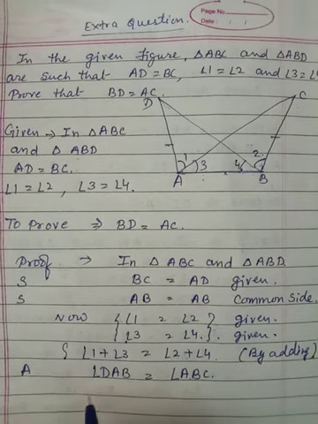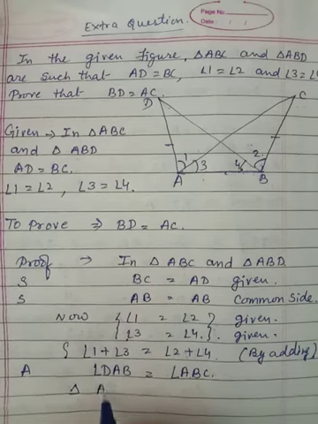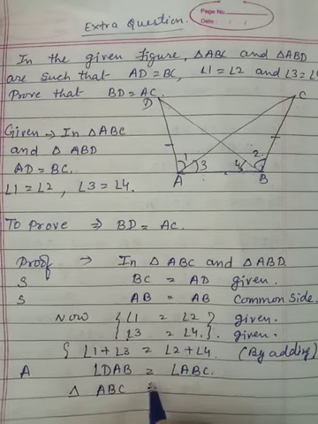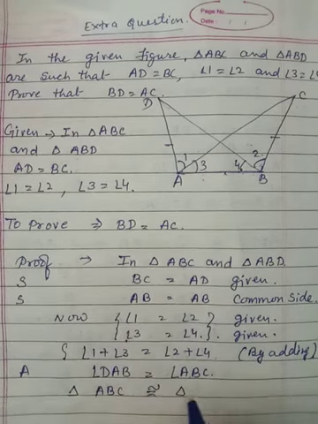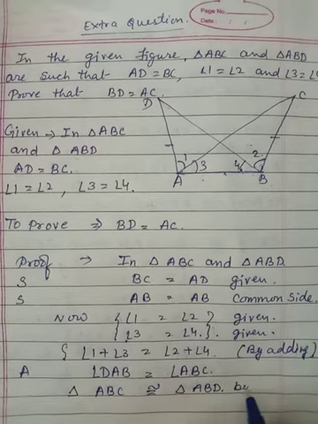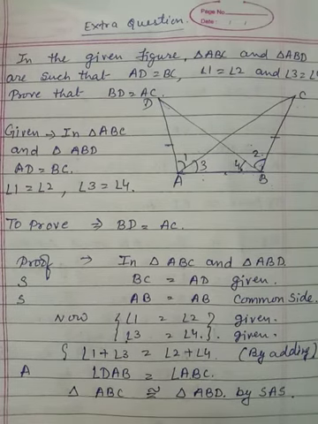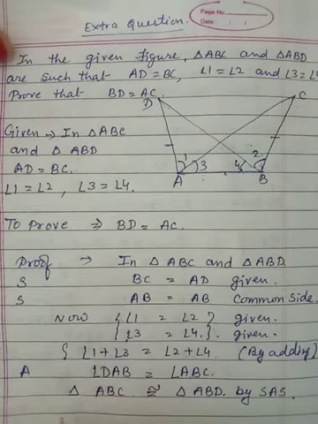So we will write that triangle ABC is congruent to triangle ABD by SAS congruency. Okay, now our triangles are congruent.